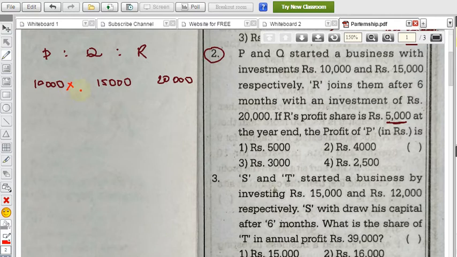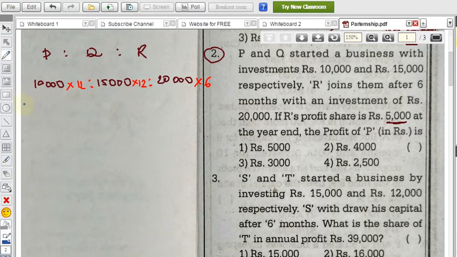P's time is after 1 year the profit is checked. So after 1 year, that is 12 months, the P amount is there in the business. Q also the same throughout the year, and R into 6 because he invested only after 6 months. Now we have to simplify.